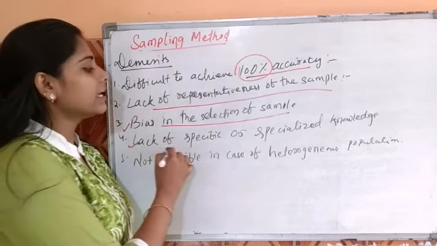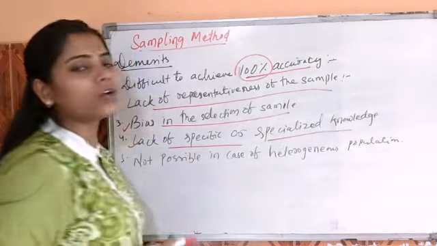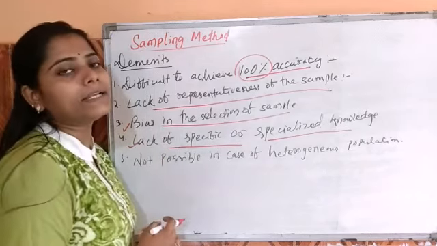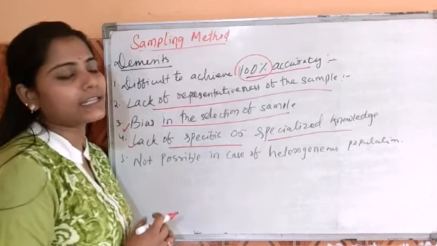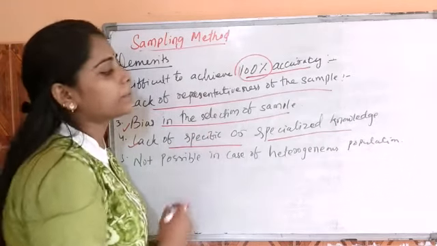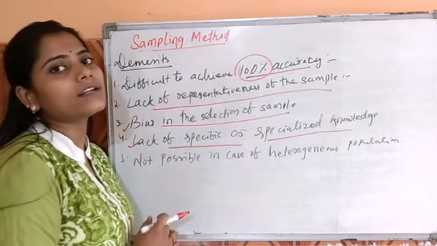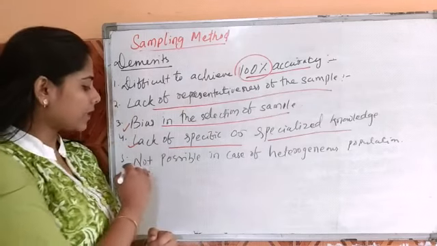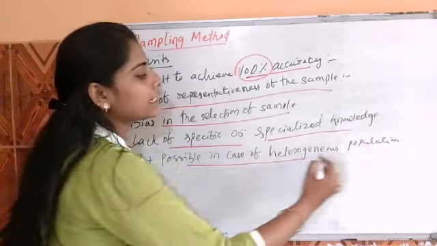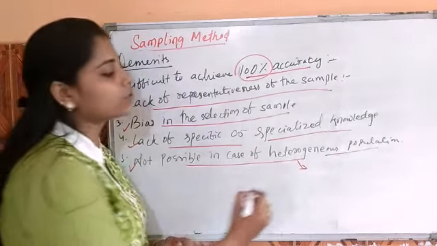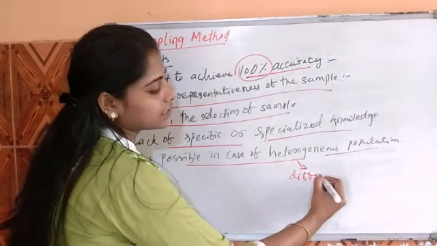And the next is lack of specific and specialized knowledge. When we use the sampling method, we use some statistical techniques. If we have no specialized knowledge of how to use the statistical techniques, we cannot collect the data appropriately. And the last is that it is not possible in the case of a heterogeneous population. Heterogeneous population means different characteristics.